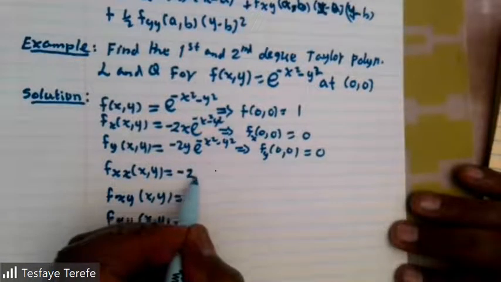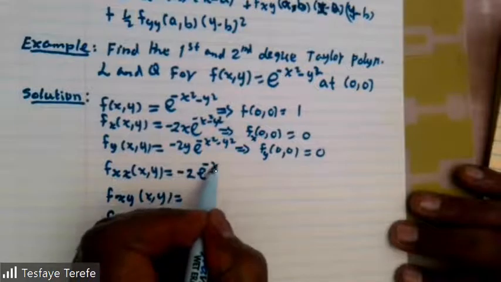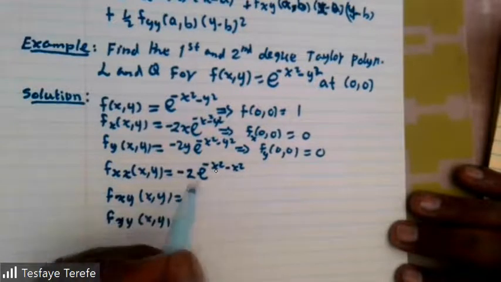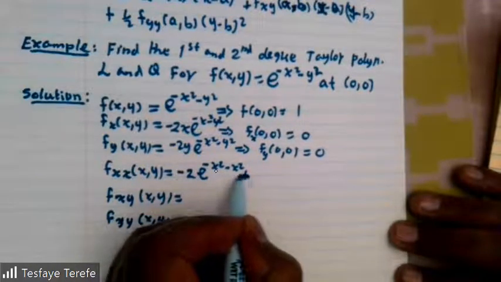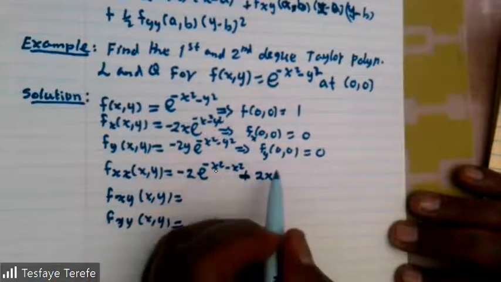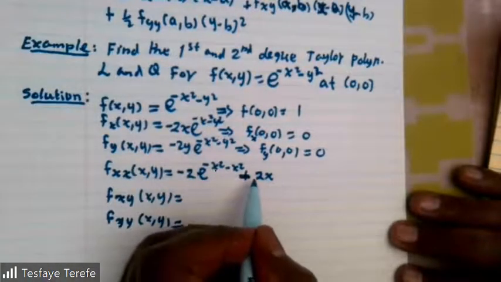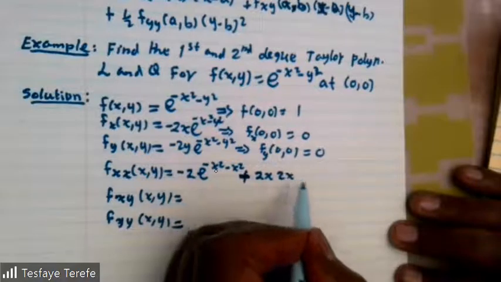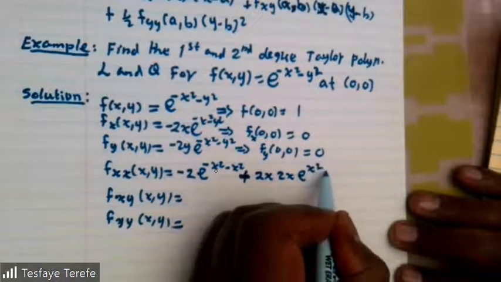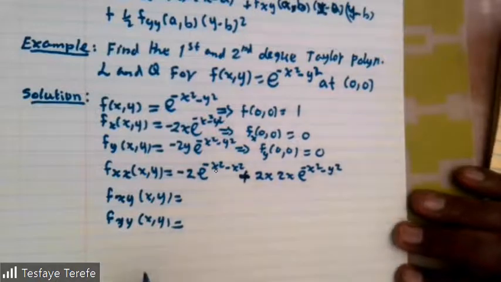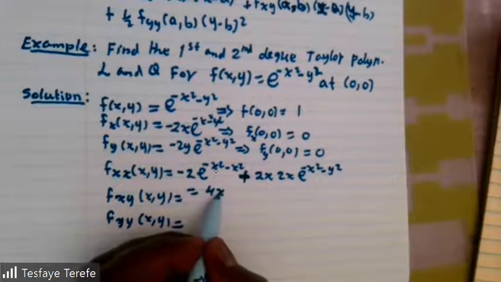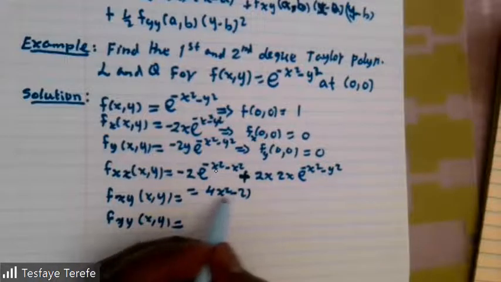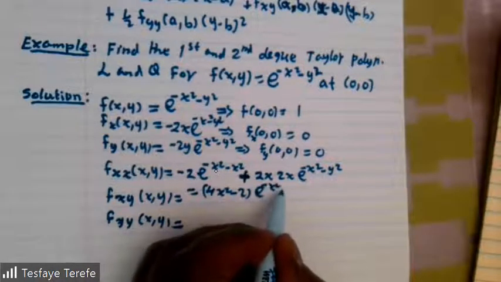I have negative 2 e raised to negative x squared minus y squared, and then minus 2x times the derivative of the exponential, which gives plus 2x times 2x e raised to negative x squared minus y squared. When I combine these, I get (4x squared minus 2) e raised to negative x squared minus y squared.